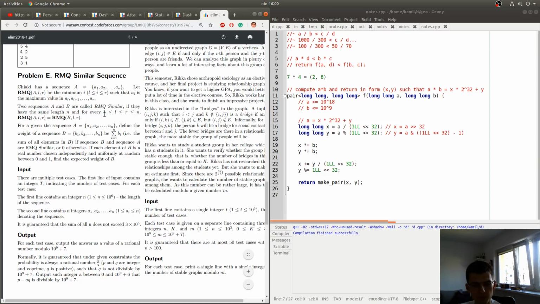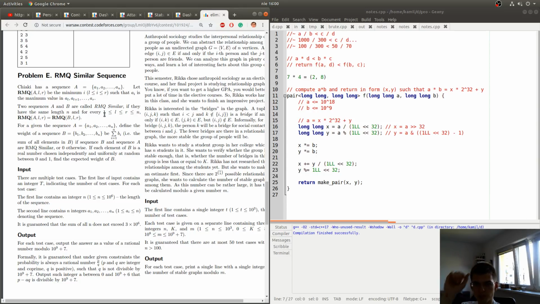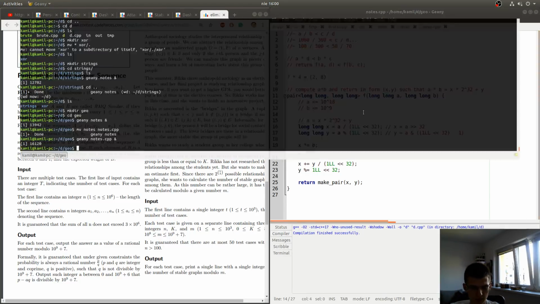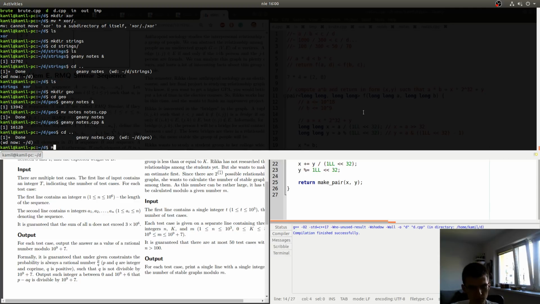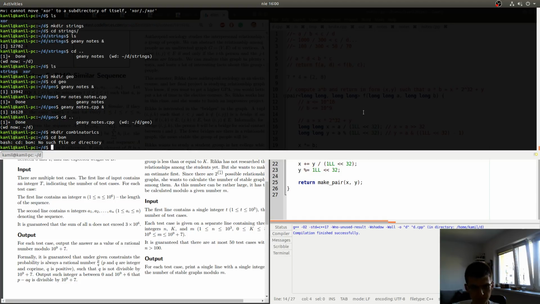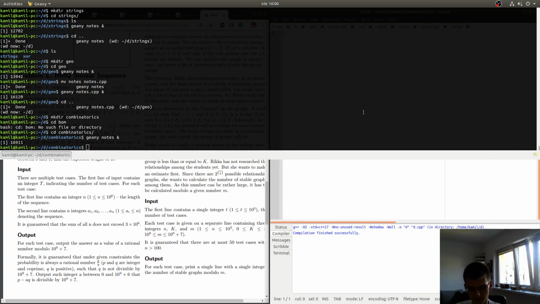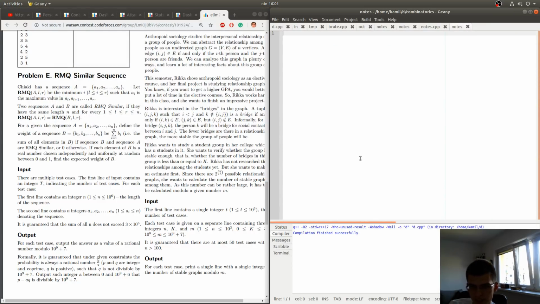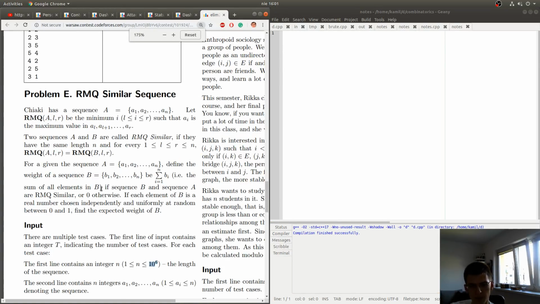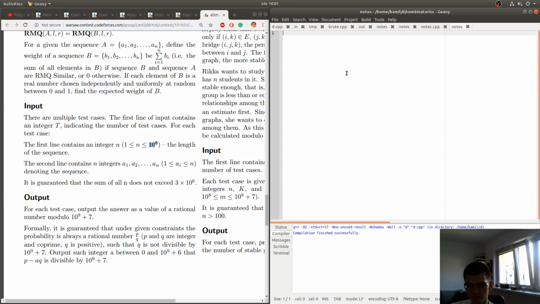So, a problem. It might be hard to understand the statement, so I will just say what it turns out to be about. We are given a sequence of numbers of size n up to 1 million.